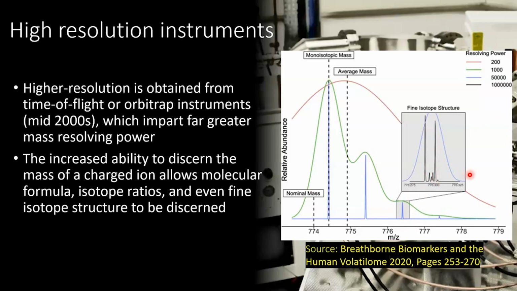Where initially it might have been breaking down only according to the different carbon isotopes within it, now you're also getting the splitting from the very, very small amounts of hydrogen isotopes and nitrogen isotopes and all of the other elemental isotopes that you may not typically see in your mass spectrum.